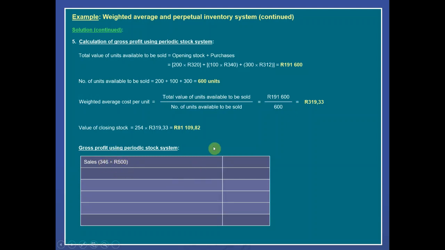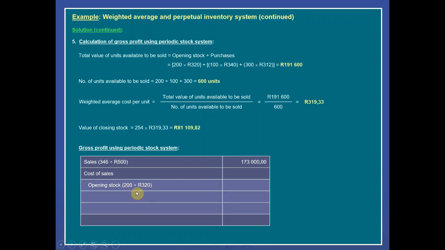So the gross profit using the periodic stock system, we have the sales, as shown in the previous slide, the 346 units sold times the 500 Rand results in 173,000. Then cost of sales, we know, is the opening stock plus purchases plus tax, the import tax if there are any, minus the closing stock.